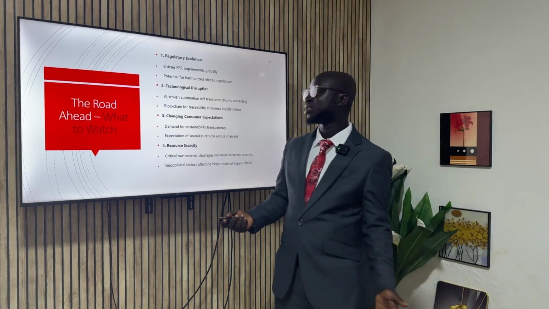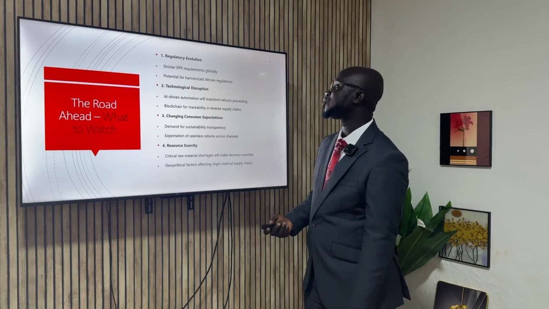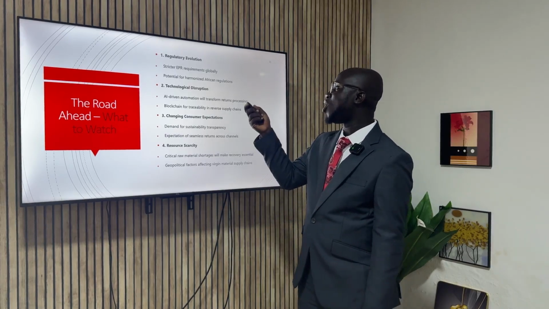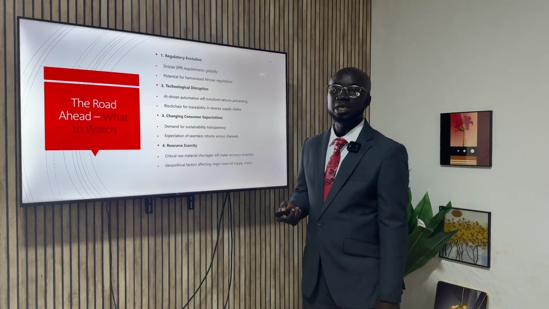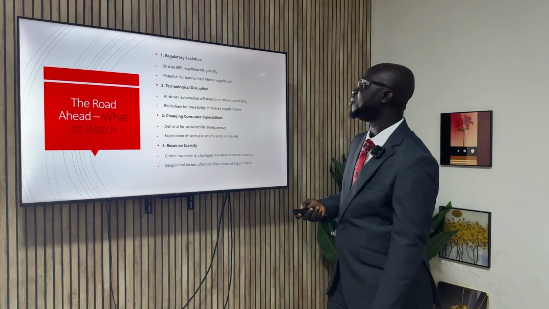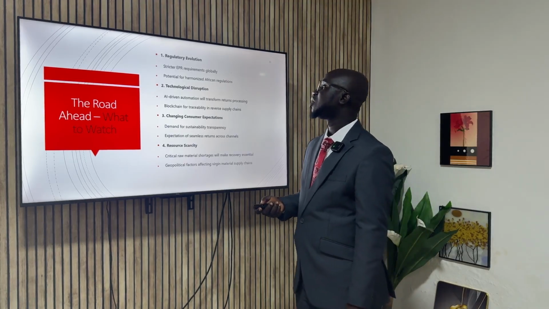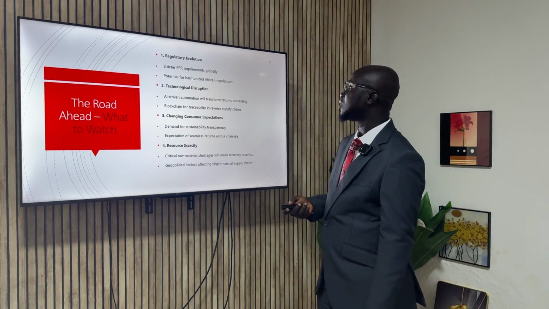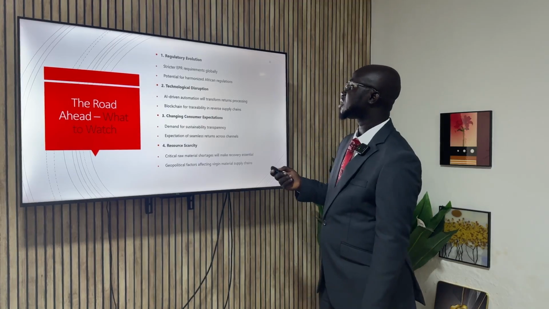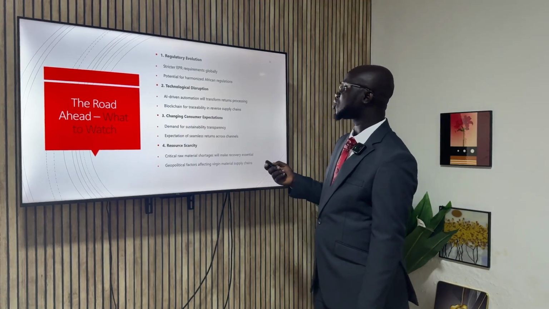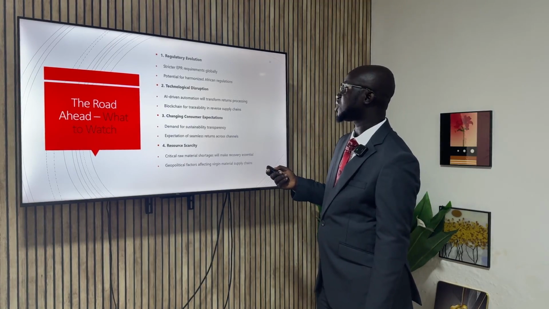What is the road ahead? What are we supposed to watch? There will be stricter EPR requirements globally, because we are going to see emerging stricter requirements going forward. And this will also bring about technological disruptions.